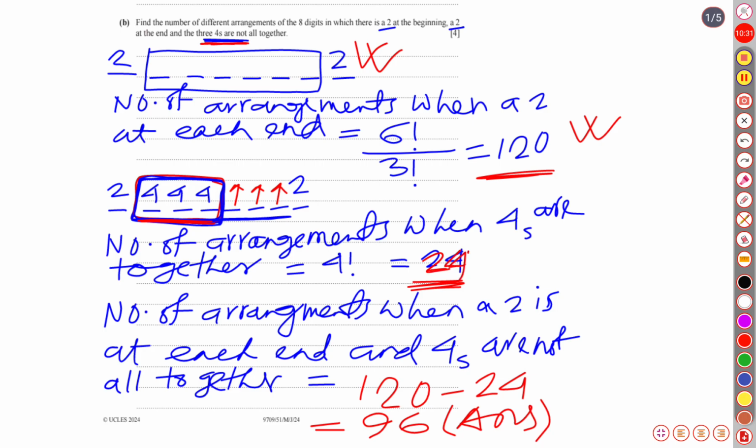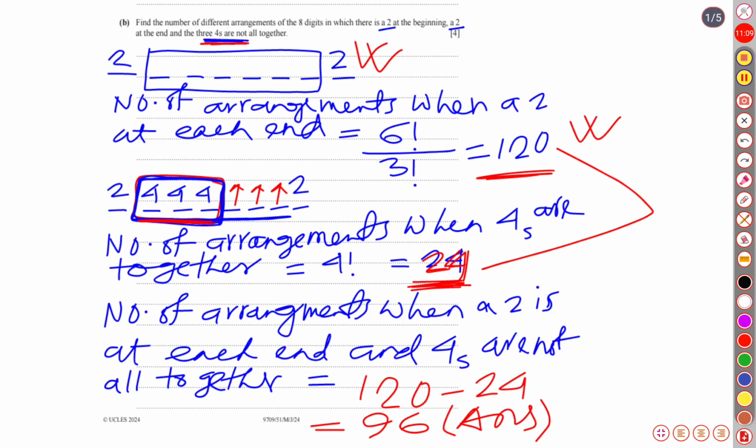So if we want the negative answer, that means not all fours together, we just do the subtraction from the total number of arrangements. If we subtract 24, the arrangements when fours are together, we will definitely get the arrangements when fours are not all together. Actually this is vice versa. They told us to find not all fours together, we found all fours together. So if we subtract this number, the remaining arrangements are for not all fours together.